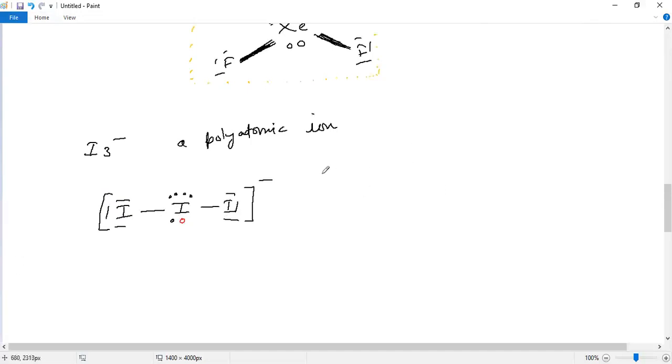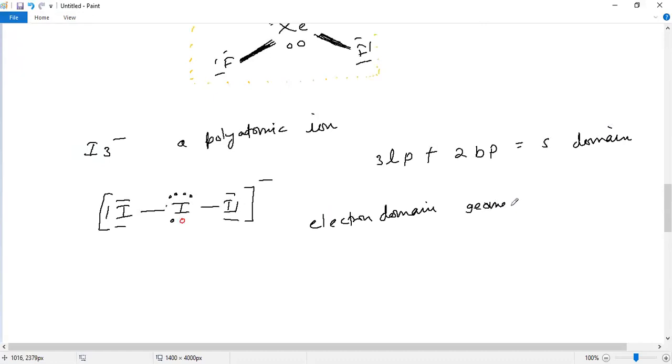So for electron domains, the central iodine has 1, 2, 3 lone pairs plus 2 bonding pairs, so a total of 5 domains. The electron domain geometry, based upon 5, should be trigonal bipyramidal.